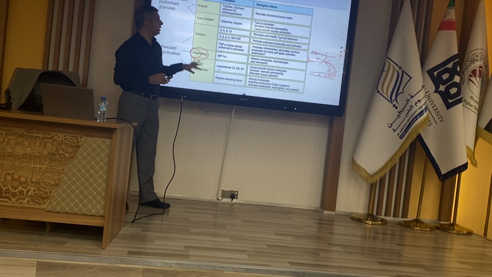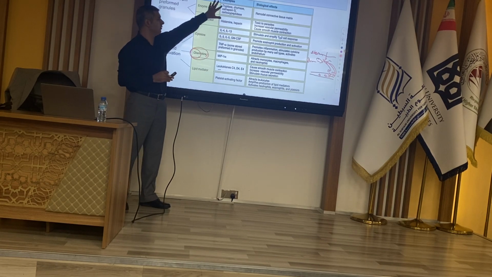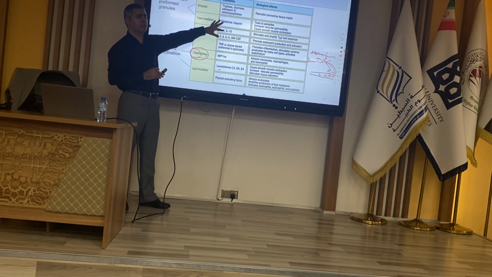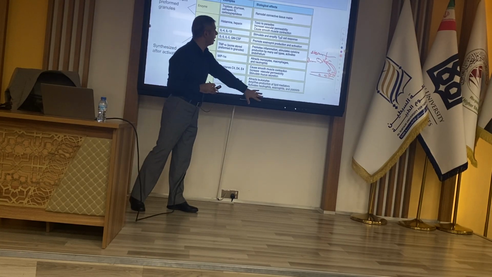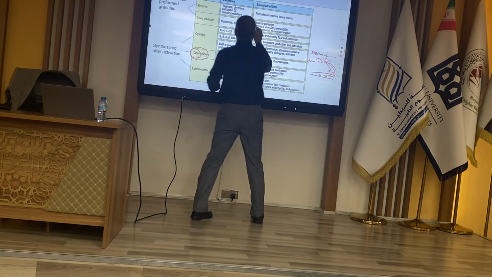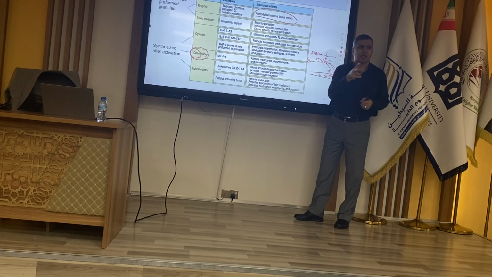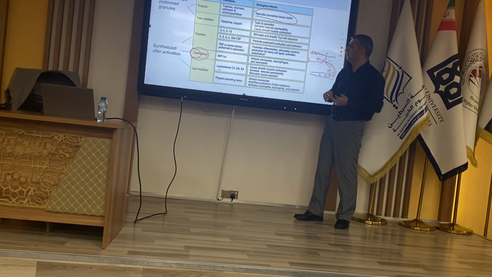All of them are products of mast cells, and each one does something in the body. The biological effects are different. For example, enzymes are involved in the remodeling of the connective tissue. They cut something in the connective tissue and remodel it.